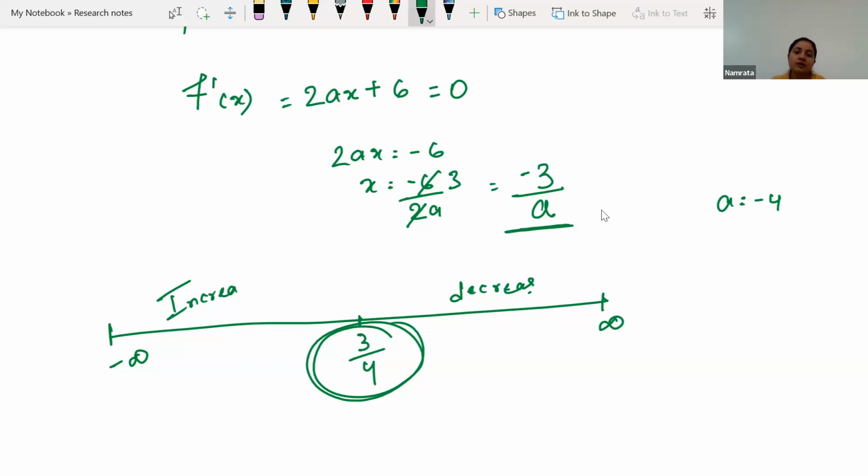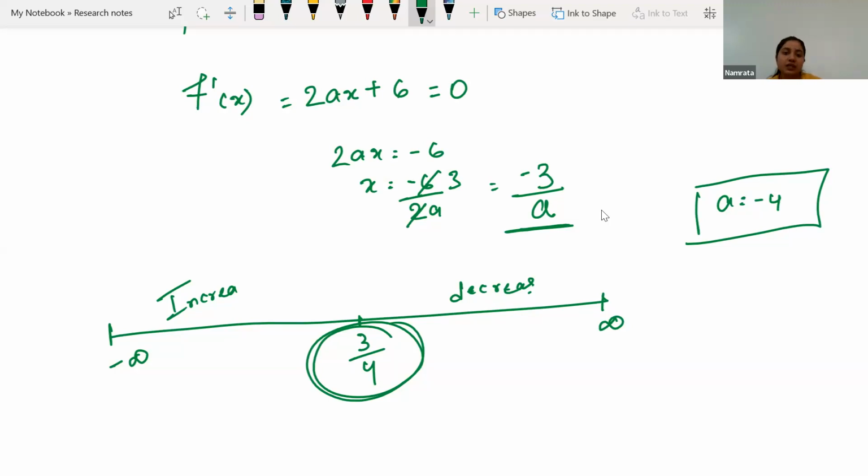Yes, ma'am. Just by doing the comparison, where the interval is given for the increasing and decreasing parts, in the interval we are having 3 by 4, and if we compare it with minus 3 by a, we can understand that a will be minus 4.